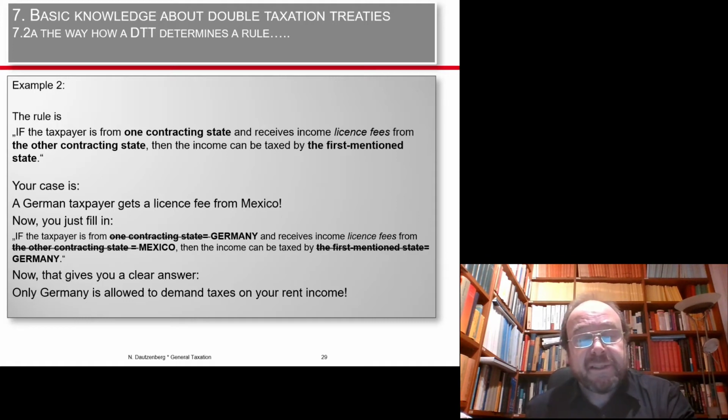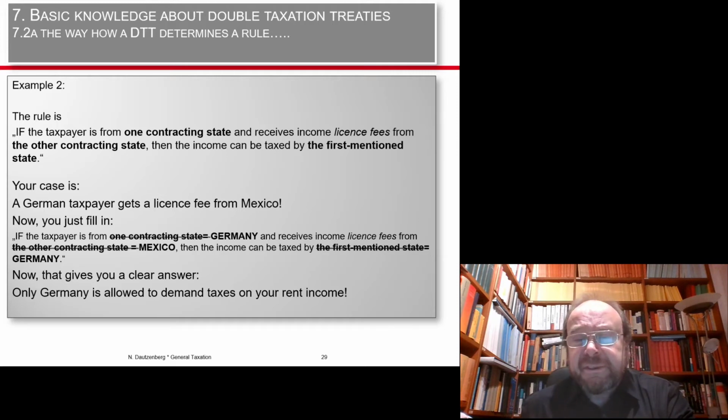So we take our concrete example. A German gets a license fee from Mexico. Taxpayer from one state, stop immediately. Where's our taxpayer from? Germany. So the one state is the word for Germany, and every other expression for the one state is Germany. Receives license fees from the other state, Mexico.